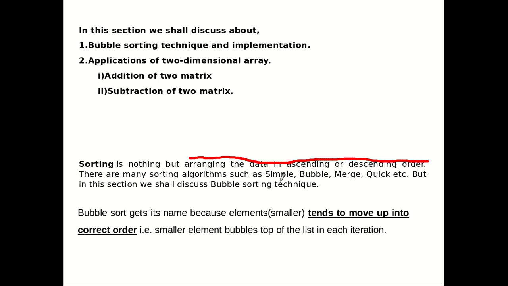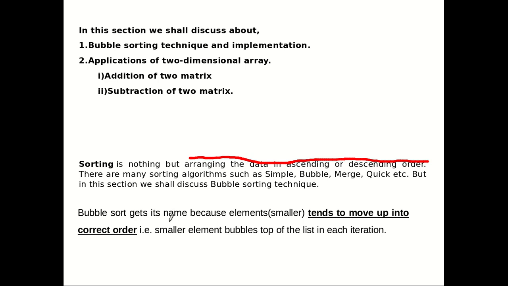There are many sorting algorithms: simple sort, bubble sort, merge sort, quick sort, etc. But in this section we shall discuss the C program implementation for the bubble sorting technique. Let us first understand how the bubble sort name has come.